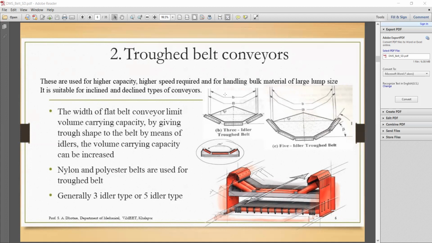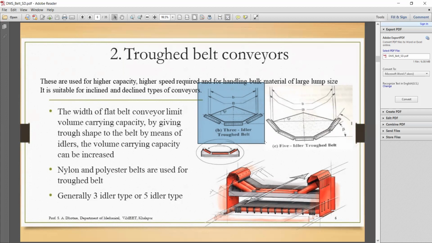In segment B, look over here, there are three idler belts. In a flat belt conveyor, normally we use a single idler, but in a troughing belt we use three or five, more than two idlers.